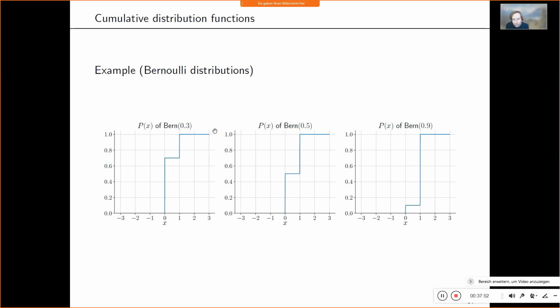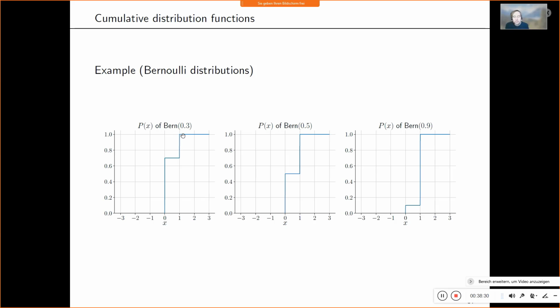If you first focus here, please, of course a Bernoulli random variable does not take on the values 2 or 3, but we can, for each small value x, talk about the probability that the Bernoulli random variable takes on a value smaller than or equal to 2 or 3. And of course the probability that it takes on a value smaller than 2 is 1, because it only takes on the values 0 and 1 in the first place.